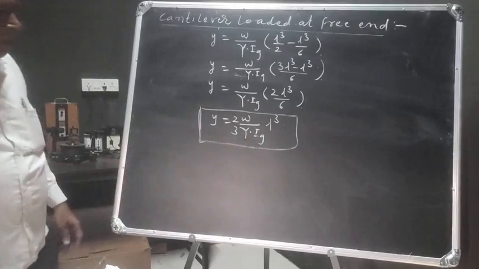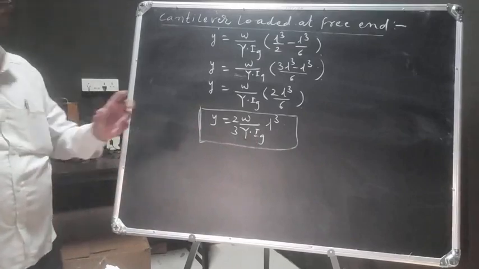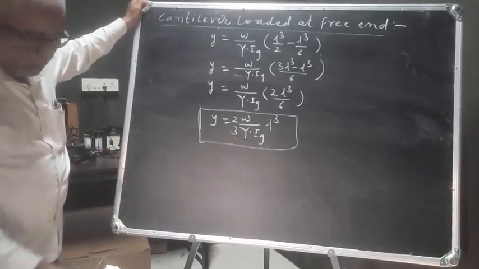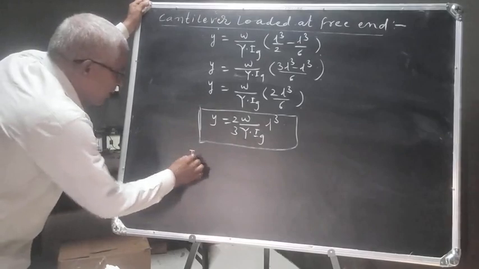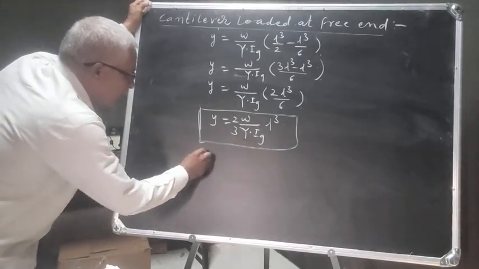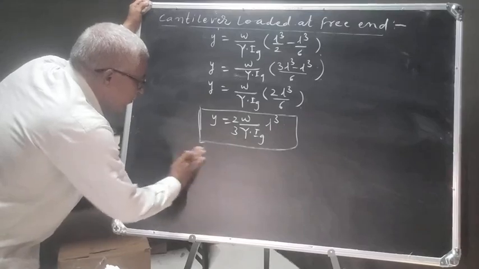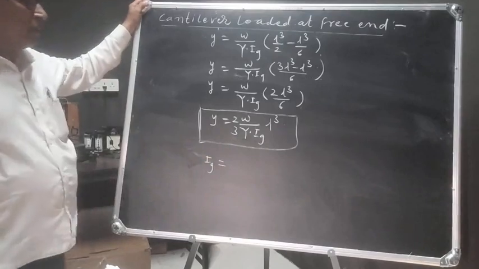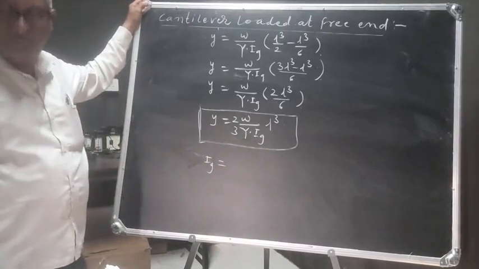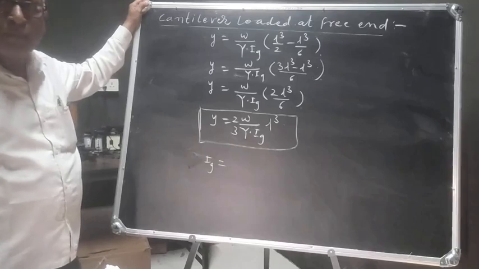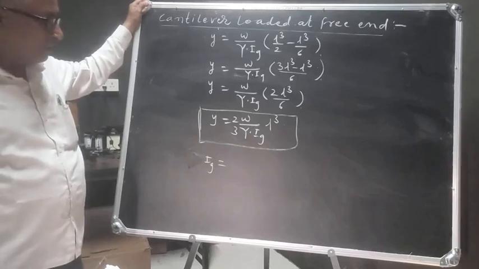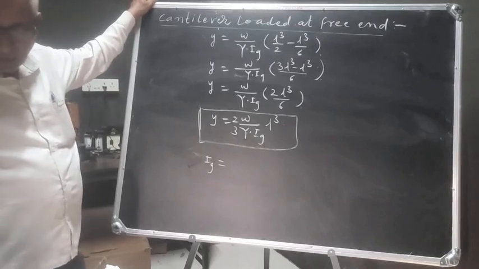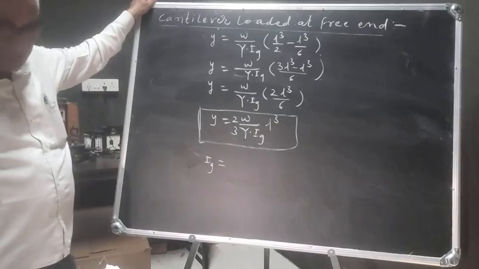Suppose the bar has a rectangular cross section, with breadth b and thickness d.